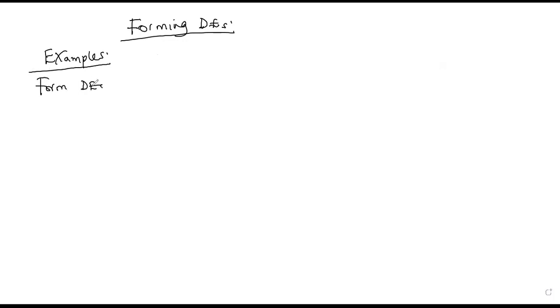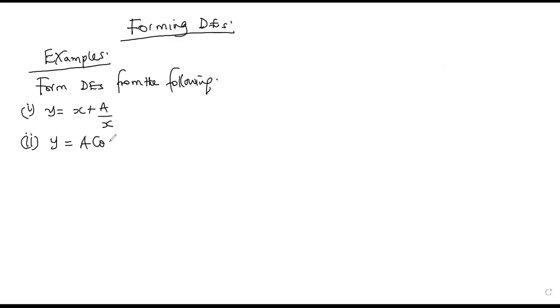Form differential equations from the following. Roman 1, y is equal to x plus a over x. Roman 2, y is equal to a cos θ.